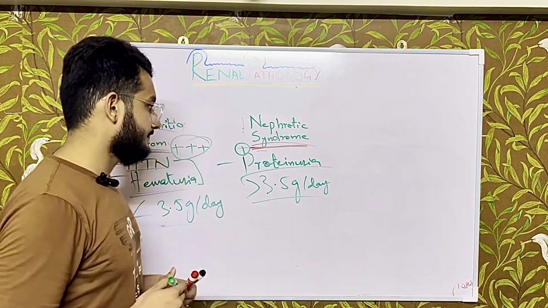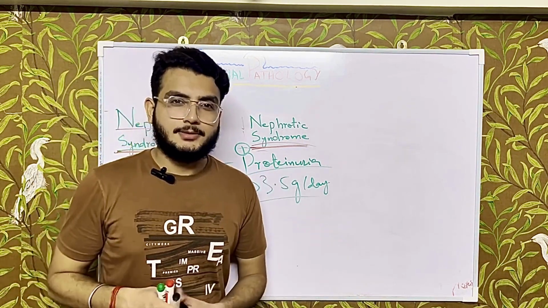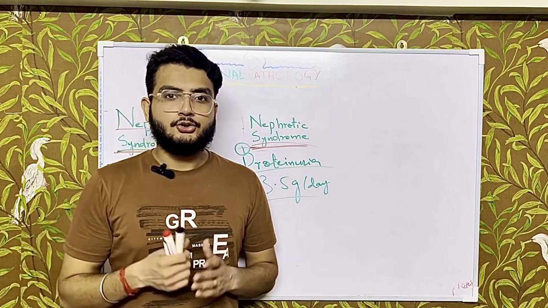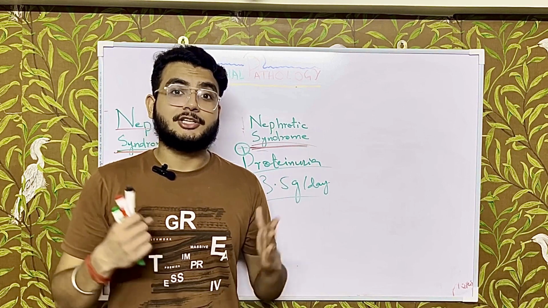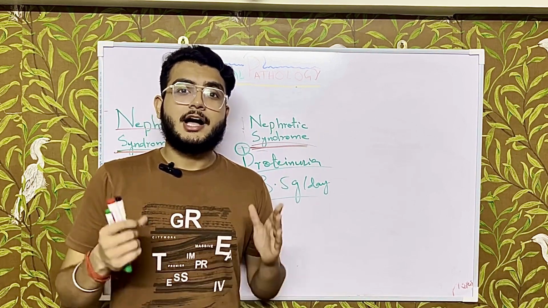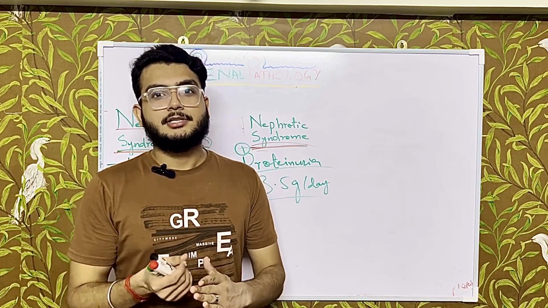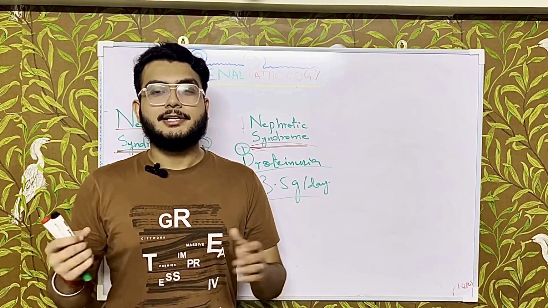Due to this massive proteinuria, certain lipoproteins are lost in the urine, due to which a compensatory mechanism is activated, causing increased production of lipid. Hyperlipidemia occurs, and due to this hyperlipidemia, more lipid is lost into the urine, causing hyperlipiduria.